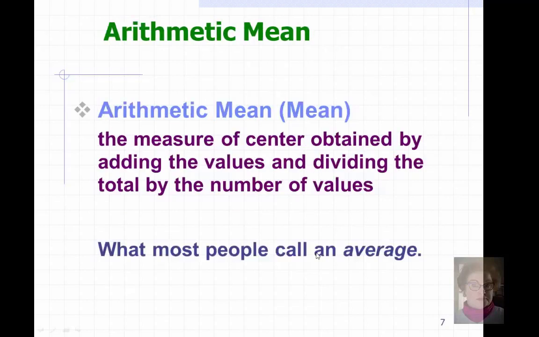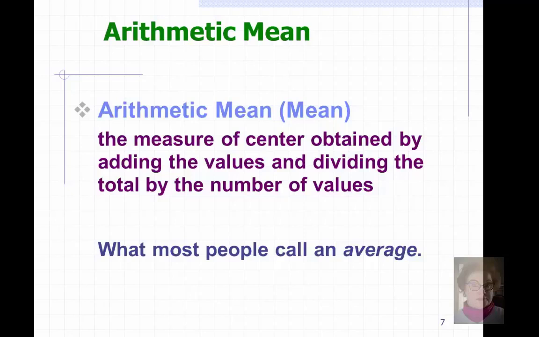So the first thing we're going to talk about is the arithmetic mean. The arithmetic mean is the average that you have used most of your life. Now, in statistics, an average means any measure of center.